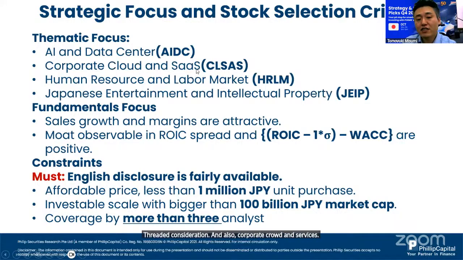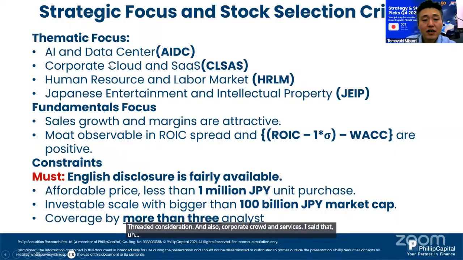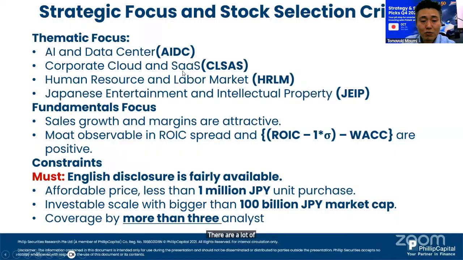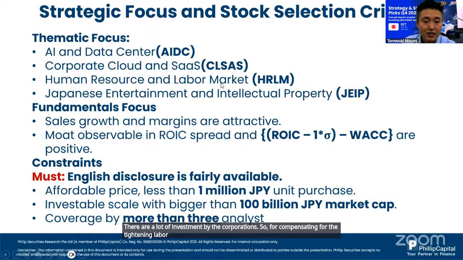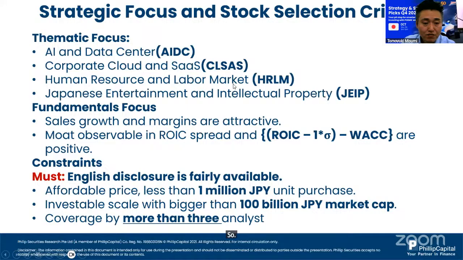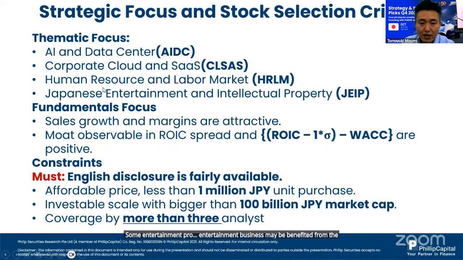I said in the last slides that there's a lot of investment by the corporates to compensate for the tightening labor market, so human resources and the labor market are also important. So there are two combinations. Japanese entertainment and digital property is also prospective, and some entertainment business may benefit from generative AI for creating their contents and characters.